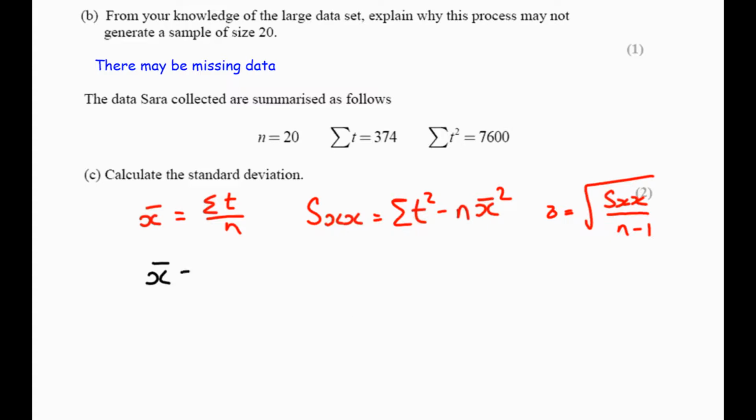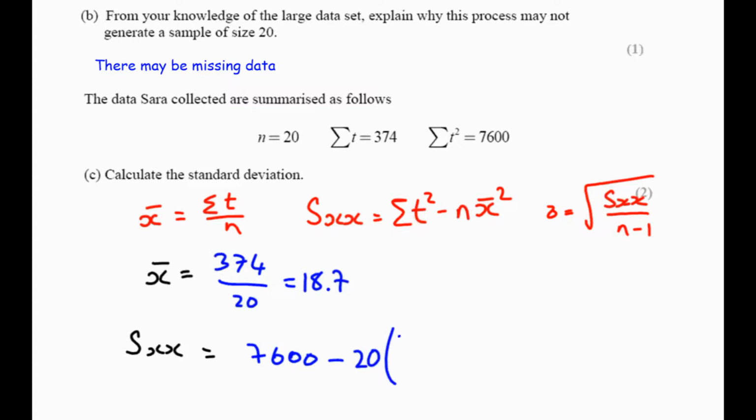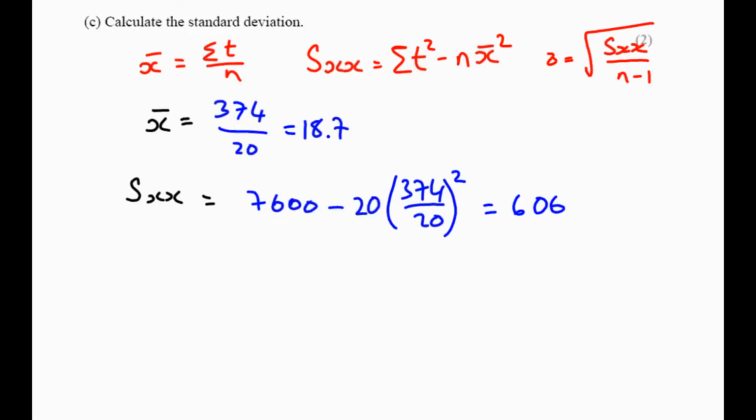So x bar is going to equal 374 over 20, which gives 18.7. From there I'm going to find S_xx. So we're looking for 7,600 minus n, which is 20, times the fraction 374 over 20, squared. Once again into the calculator, and that leads to 606.2.